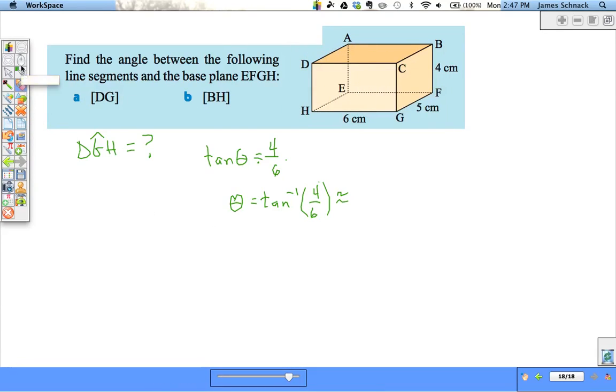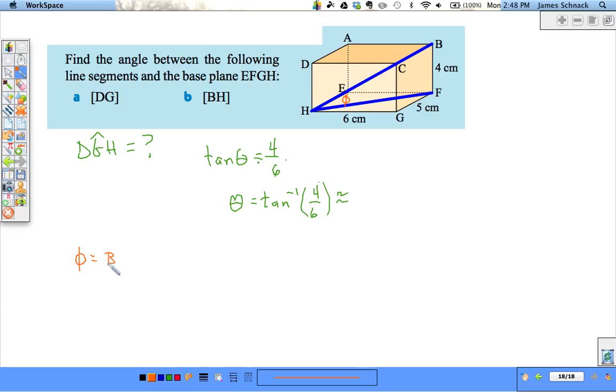Now let's go to BH. Let's draw it in. BH is this one. Its shadow would be HF. So the angle that I'm looking for, the theta, or we'll use phi, angle phi is defined as being angle BHF.